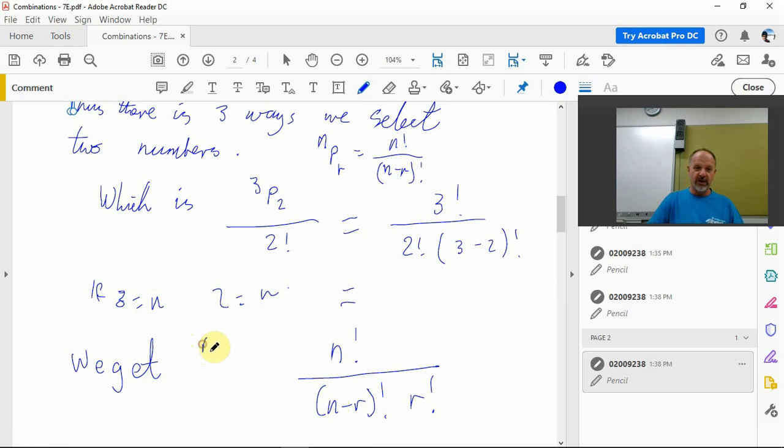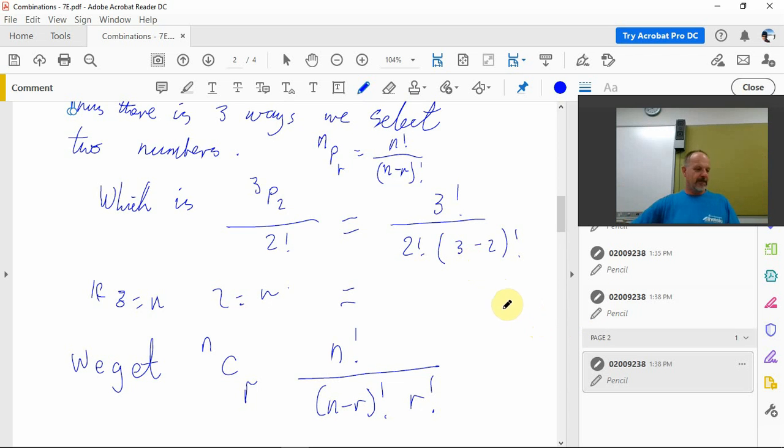And that's called a combination, a selection, the combinations of numbers. We call it nCr, C for combinations. So order is not important. A 2 and a 1 is the same as a 1 and a 2. The number 1 and the number 2 have been selected from that group.